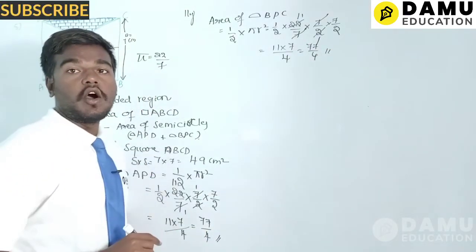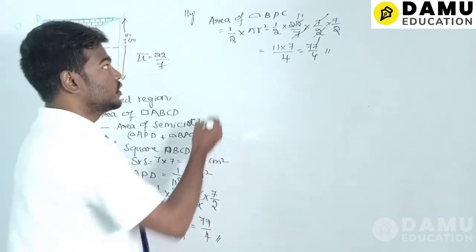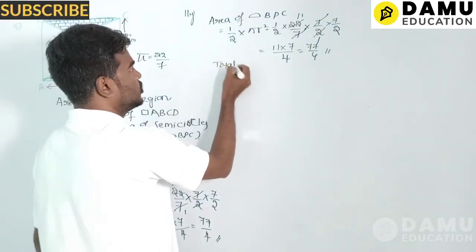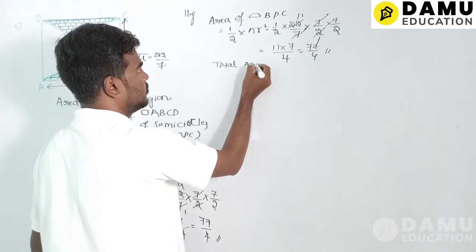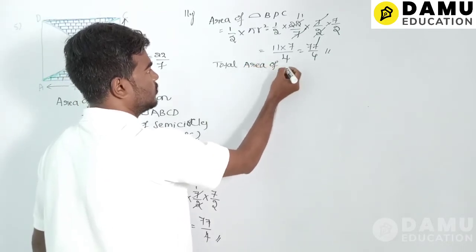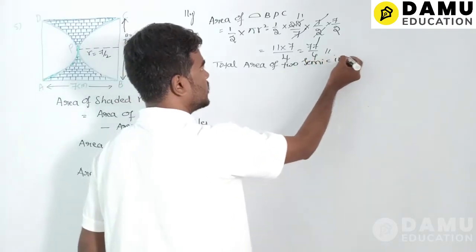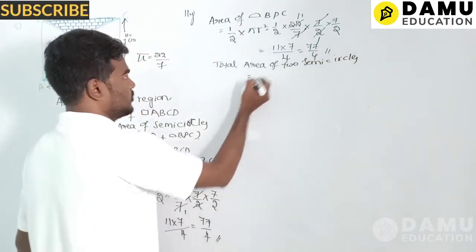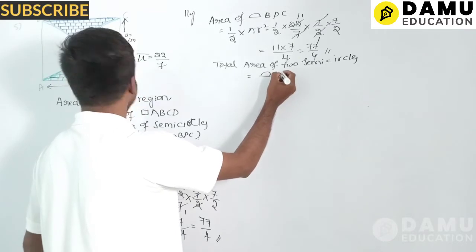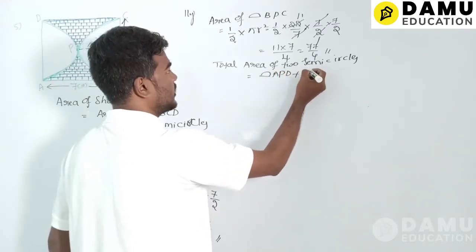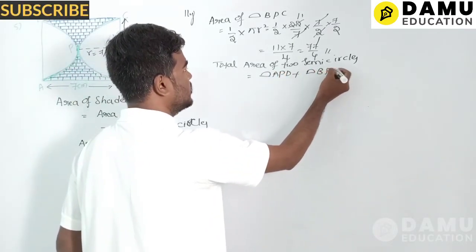So take the total area of the two semicircles, that is area of APD plus area of BPC.